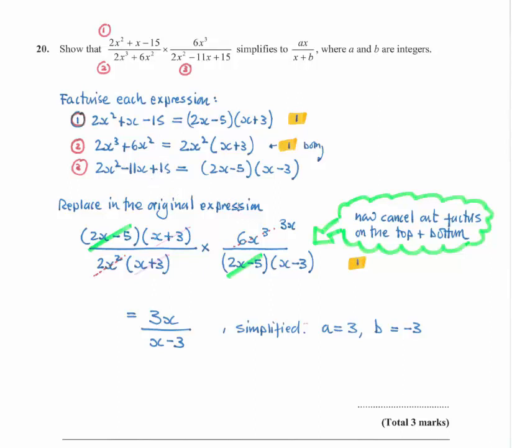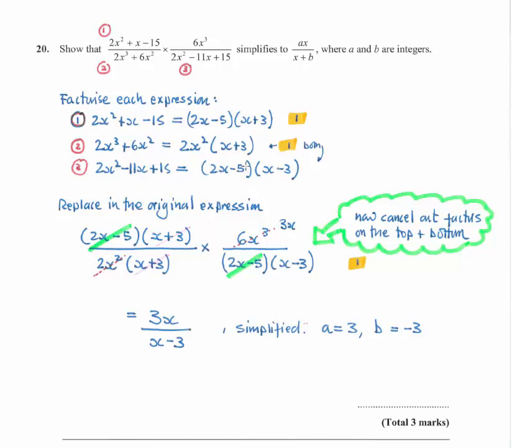So let's just check. Where's the 5 and the 3 going to go? Well, if I put the 3 there, minus 3 times 2 gives me minus 6x, and minus 5 times x gives me minus 5x, and when I put those together I get minus 11x. So they're the right way round. So that factorizes to that.